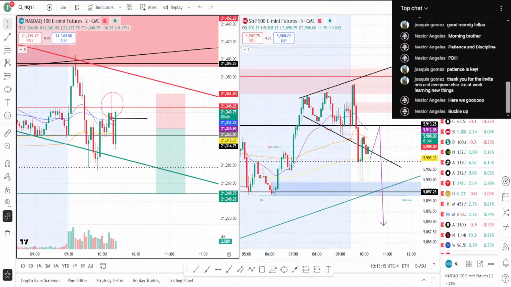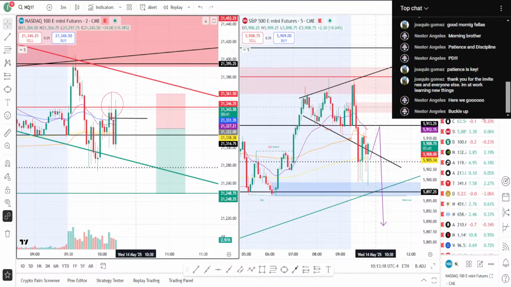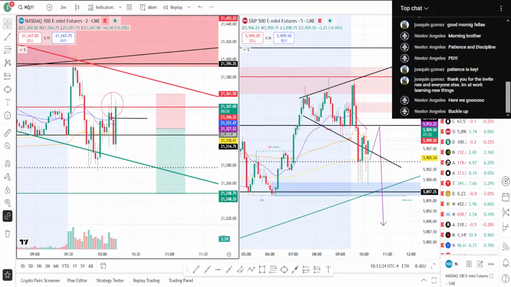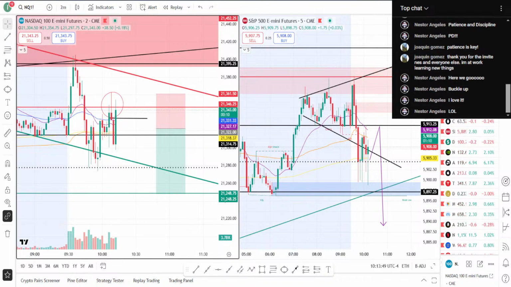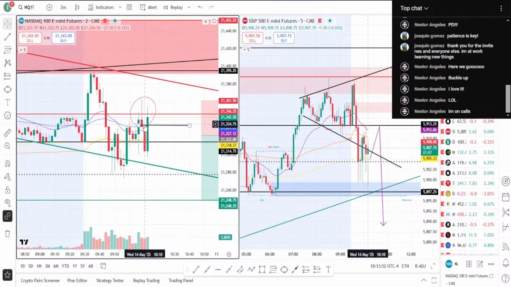Very strong buying. Don't like that. It was a trap, I guess. It was a good trap, because we had a clean breakout of the 50-minute range.